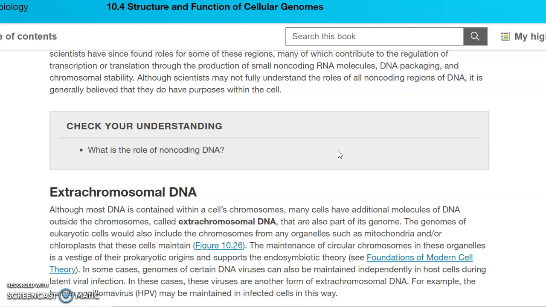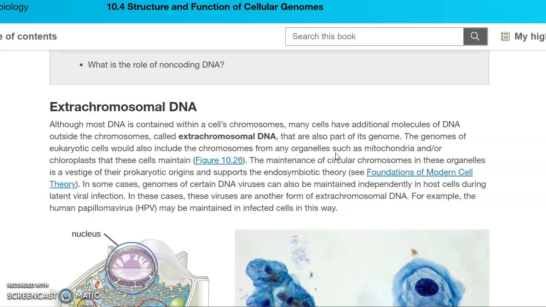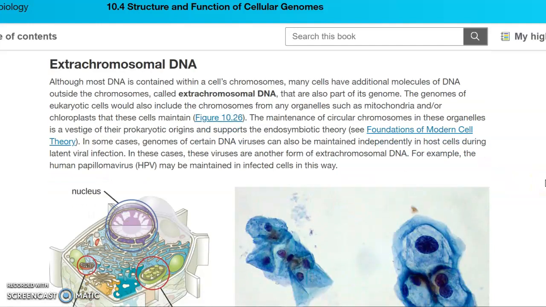Now, most DNA is found within the chromosomes, but some cells have other pieces of DNA outside the chromosome, which we call extrachromosomal DNA. It's still part of its genome because, remember, a genome is all of its genetic information, but it's not found within its chromosome. In eukaryotic cells, this would be DNA from mitochondria or chloroplasts, because we have mitochondrial DNA and chloroplast DNA.